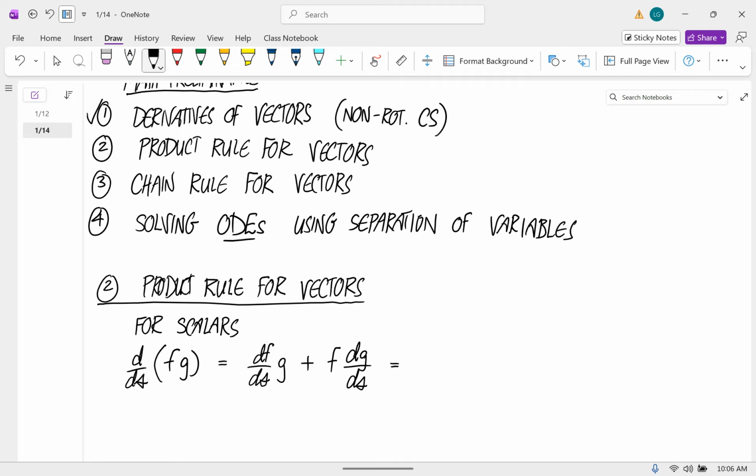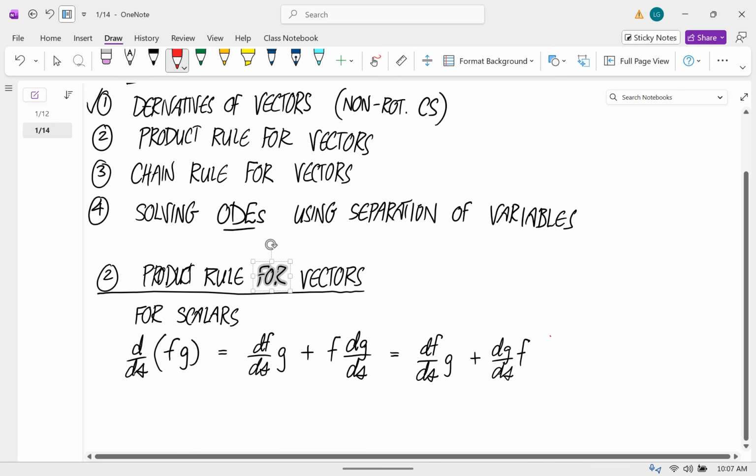But I want to point out one thing: with scalars in your whole life up until now, it's been equally true that you could think of this as df ds times g plus dg ds times f. There's no problem with that at all. But in order for this to directly translate over to vectors, don't think of it this way.